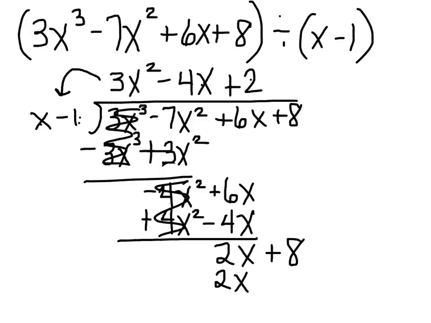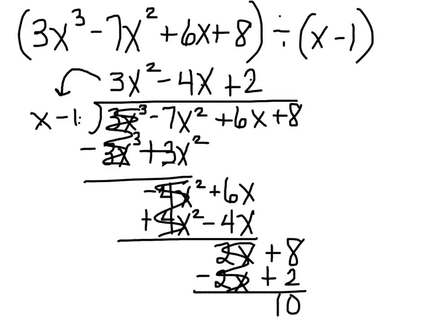What's 2 times negative 1? Negative 2. Draw your line, switch your signs, add straight down. What happens with the 2 x's? They cancel out. What's 8 plus 2? 10. Can you multiply x by something to give you a 10?